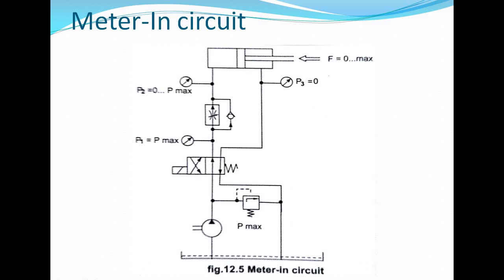Whatever oil is there in this compartment will generate pressure and start flowing through this port and through this line, and it will go to the reservoir. So this is how this meter in circuit will work.